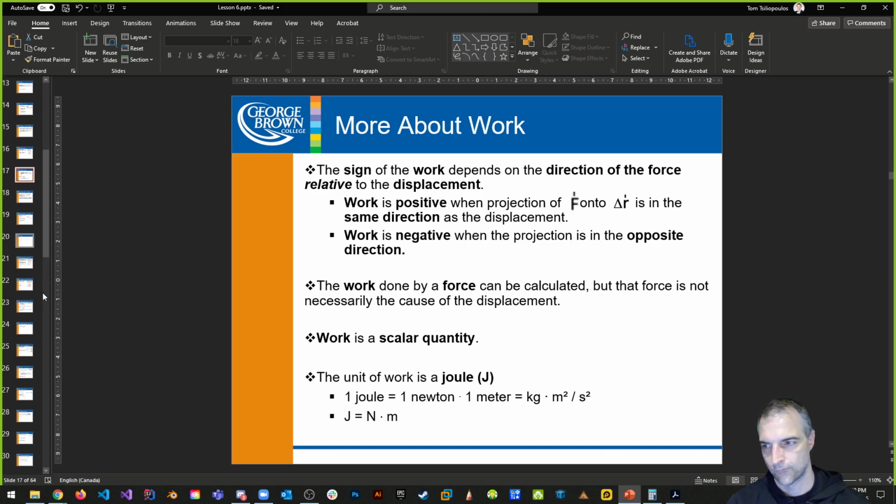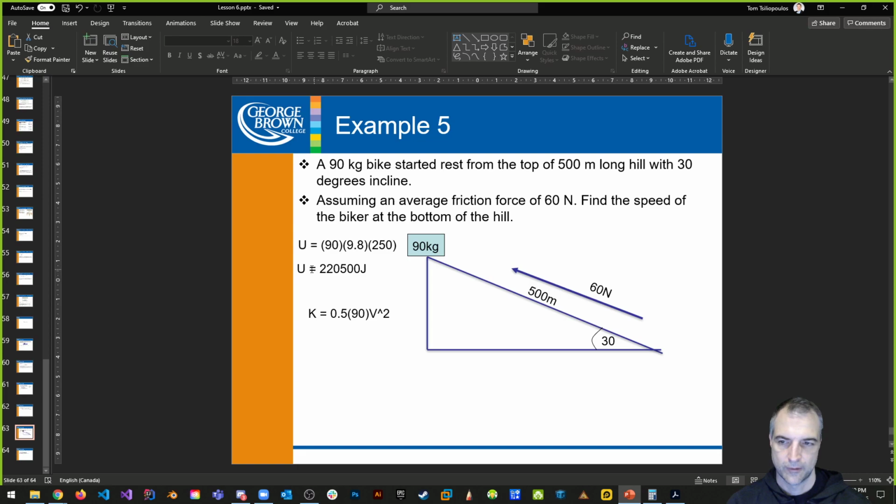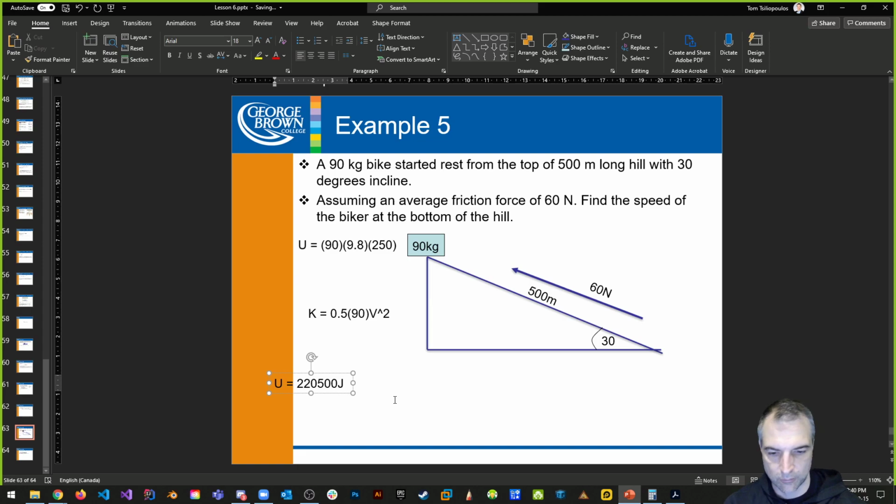Again, hints: if this is Newton meters, we can convert this to Newton meters. We can say that this is also equal to a number of newtons times meters. Newtons times meters. 500.